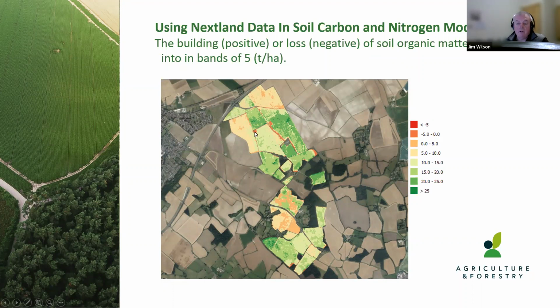And there are some areas of the field, the red areas, that that farm has lost more than 5 tons per hectare of soil carbon over that time scale. However, other parts of even the same fields, they've actually gained a lot. The actual input of soil carbon has been greater than the loss, and that's a good result and is very useful when you're taking soil carbon samples and calculating carbon offtakes, and when we're heading towards net zero.